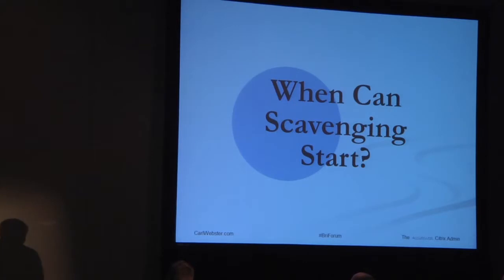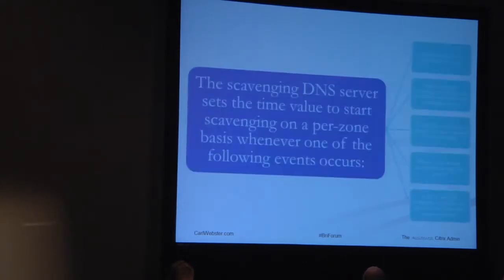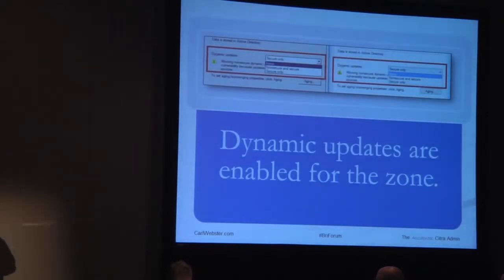So when can scavenging start? The scavenging DNS server sets the time value to start scavenging on a per zone basis whenever one of these events occurs. Now, these events can actually be worded 2 ways, and I'm going to give you both wordings.